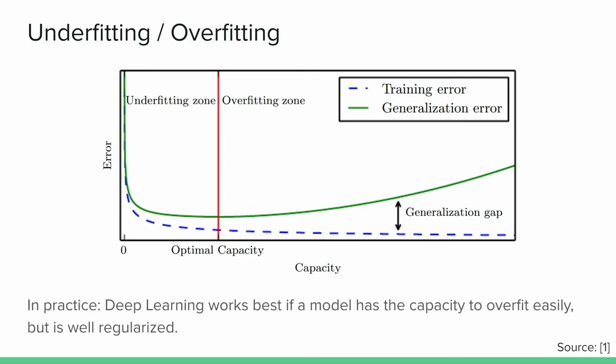In practice, for deep learning, this means that deep neural networks work best if they have the capacity to easily overfit, but are well regularized. So we're controlling them to not go into that overfitting zone. How do we do this? Well, this will be the topic of the rest of this lecture, and there will be a dedicated lecture later on regularization and visualization.